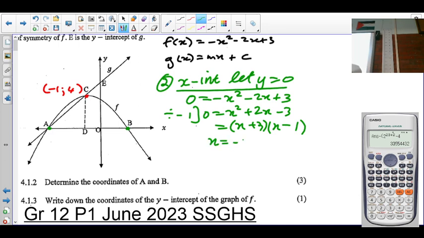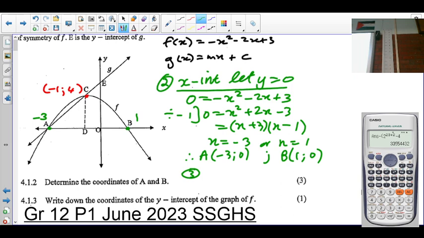So x is equal to minus 3 or x is equal to 1. Okay, so therefore the coordinates of A is going to give you negative 3 and 0, whilst B is going to be 1 and 0. Okay.